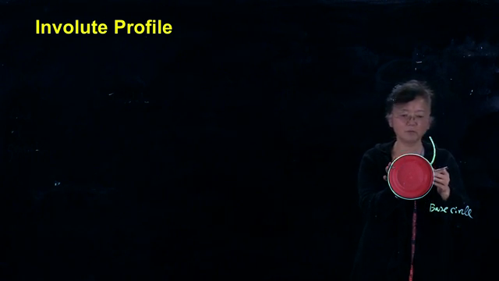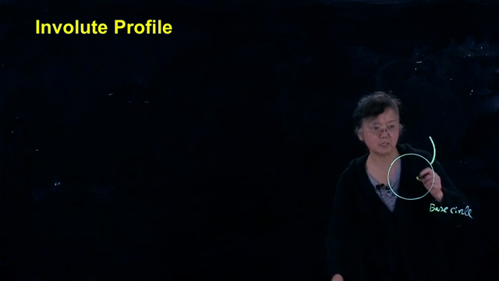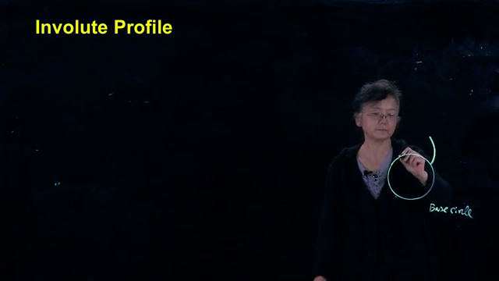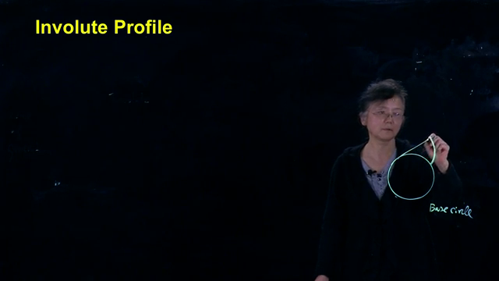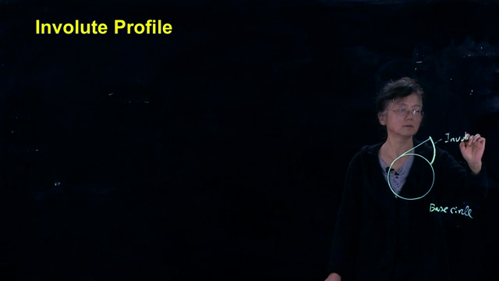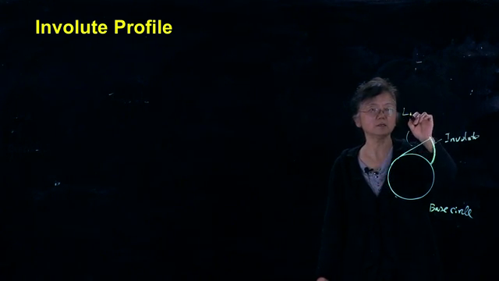Okay, so let me remove this disk and plot the things I just mentioned. Okay, so this is the involute. And this is the line of generation.